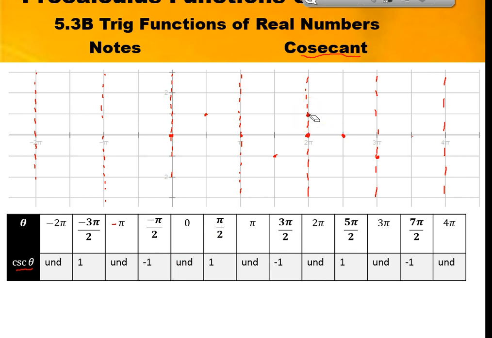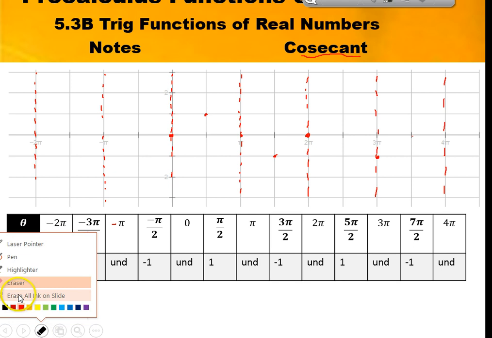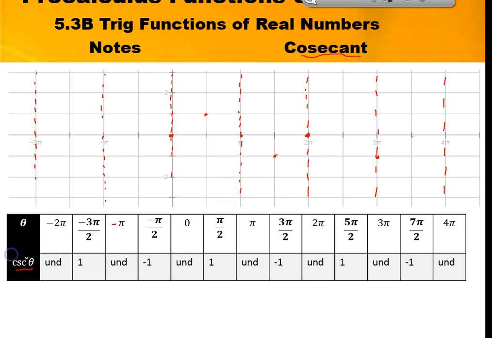And let's see, I want to erase this one. So back to the pen.